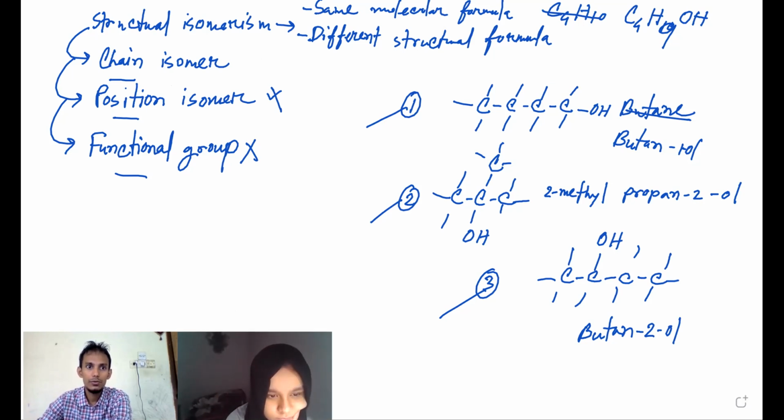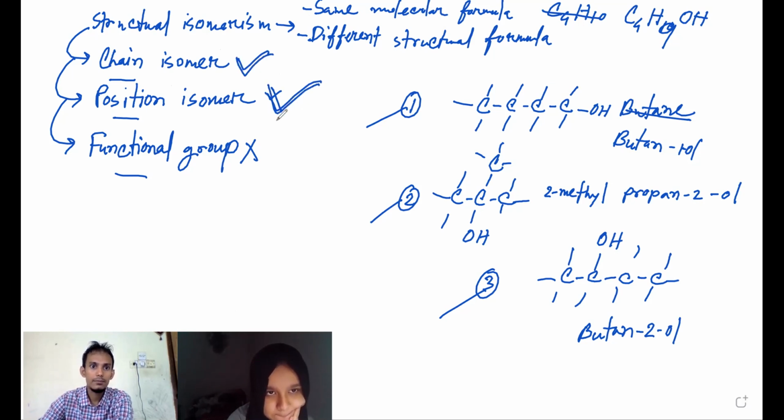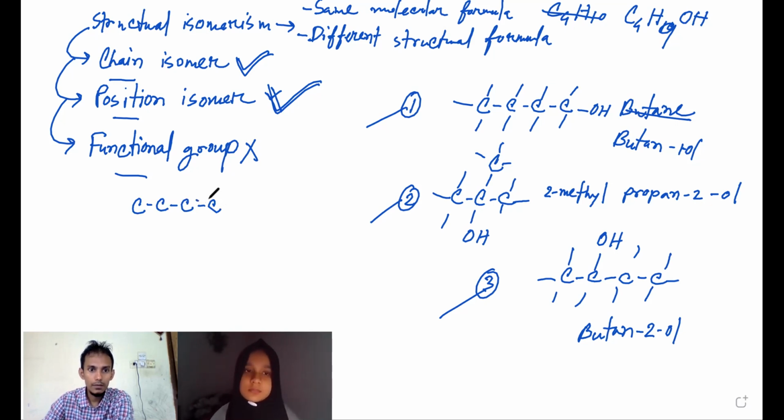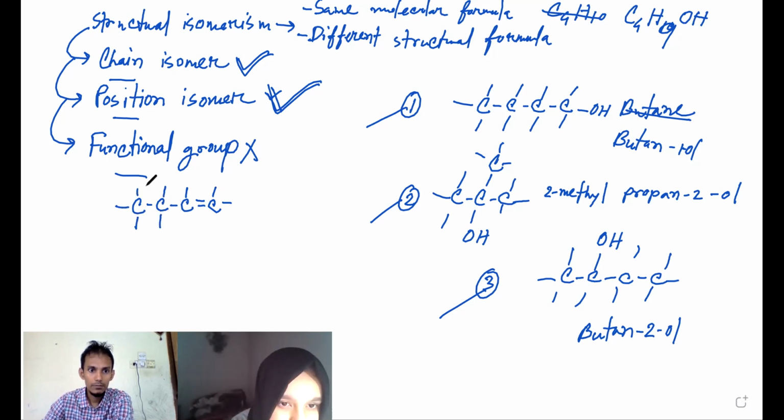First tell me, do you understand these two? Chain isomerism and position isomerism, is it clear? Yes, sir, they're clear. Functional group I'm showing you. Say for example, this is, what is the name of this?